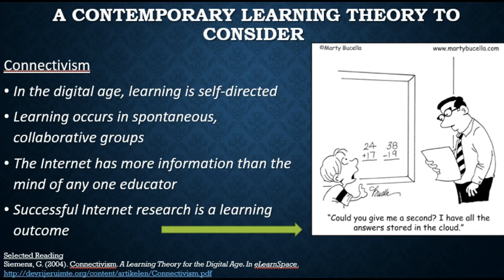And we know that high quality information is available on the internet. So is low quality information. We need to figure out how we can impart this learning outcome of successful internet research. We want students to be able to use the internet like they were accessing their own brain's content.